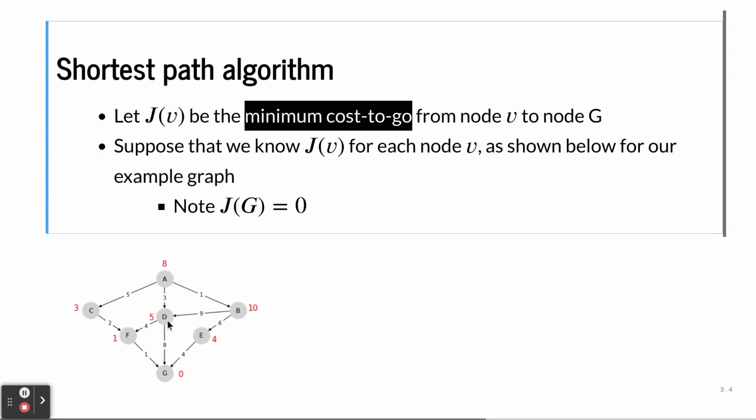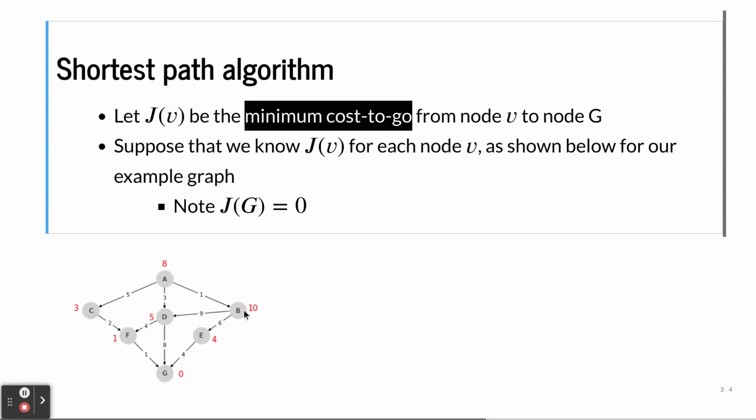Either we can take the direct route, dg, which has a cost of 8, or we can take the route dfg, which would have a total cost of 5. Because going dfg costs less than going dg directly, we say that J of d is equal to 5. It's equal to the total cost of going first to f and then to g.